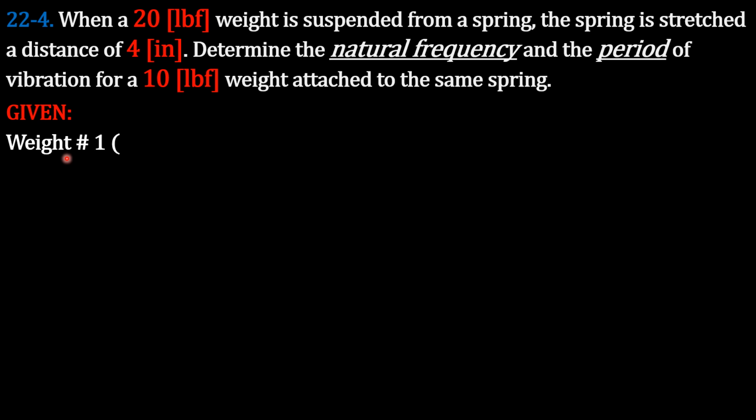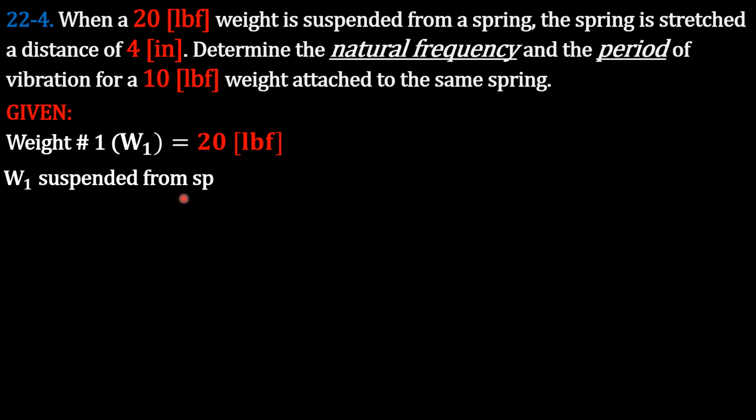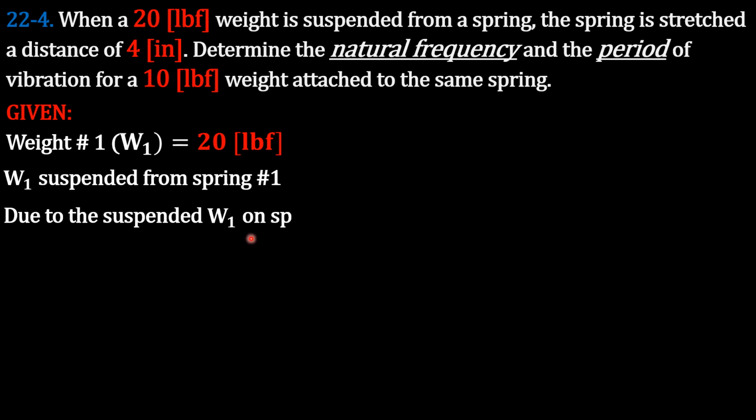Here we are given a weight number 1, W sub 1, equal to 20-pound force. The weight 1 is suspended from spring number 1. Due to the suspended weight 1 on spring number 1, spring number 1 stretched equal to 4 inches.